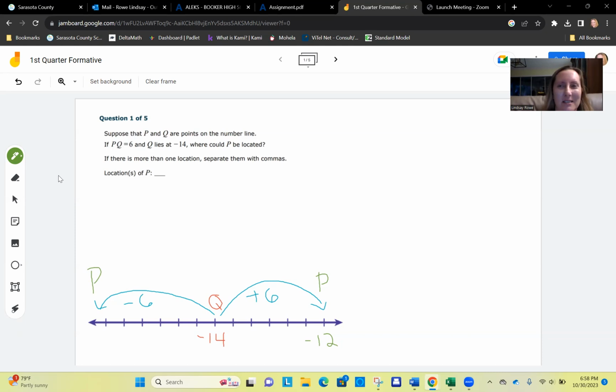Okay. So altogether, I owe you $20, or I have -$20. So the two locations of P could be -20, comma, -12. Two different locations. P could be to the right or to the left.